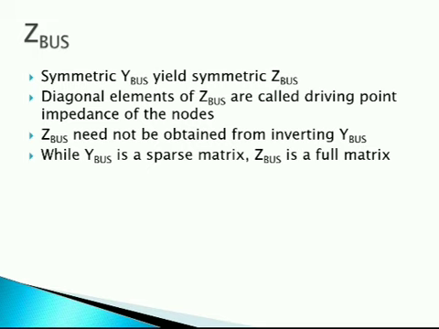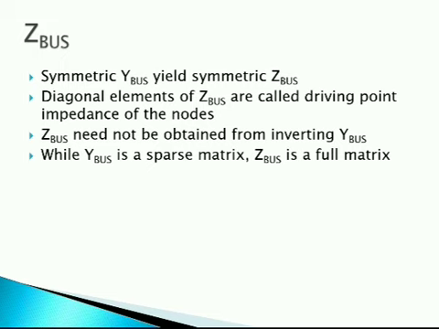Now, which is easier? Y bus matrix would be easier to deal with because most of the elements are zeros. Let's say we have a 50 bus system. The Y bus would be 50 cross 50 and Z bus will be 50 cross 50. But most of the elements in the 50 cross 50 Y matrix will be 0.